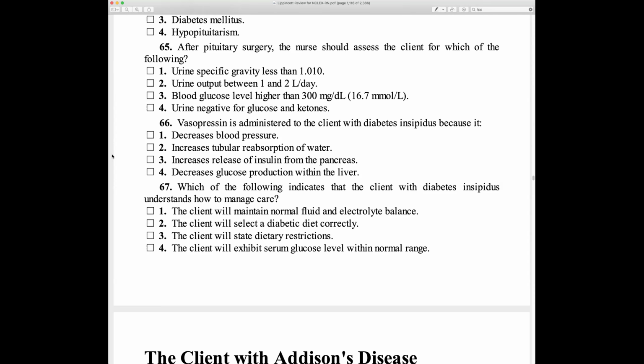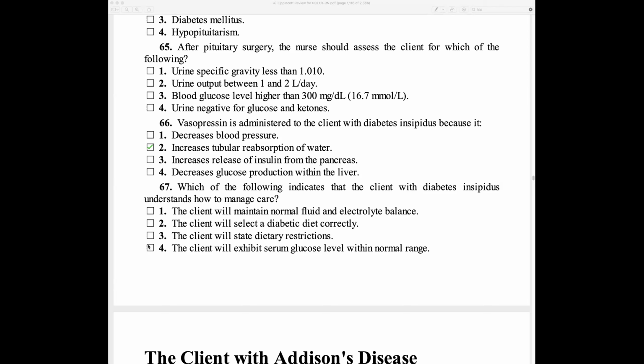Very, very good. And this is a difficult question. We didn't even go over this exact verbiage, but this is what I call a learning question, which is where in doing the question, you learn something. Basically, you have to understand diabetes insipidus.